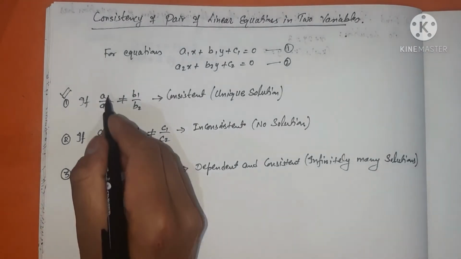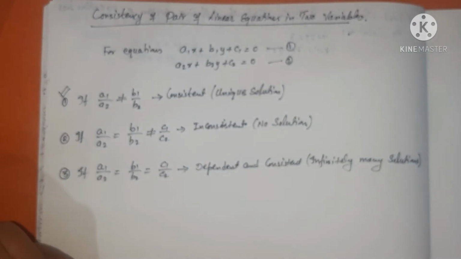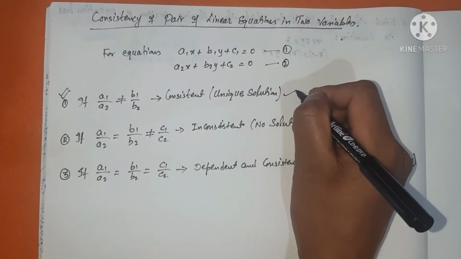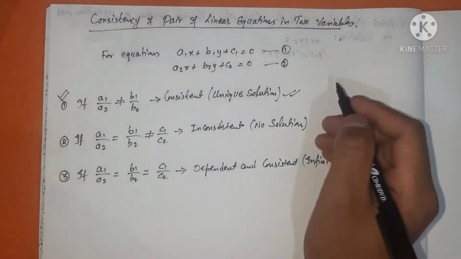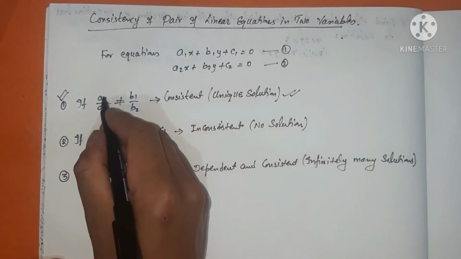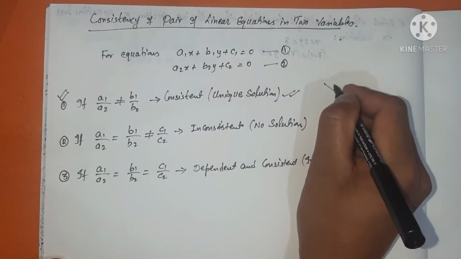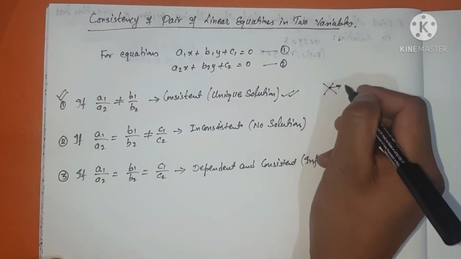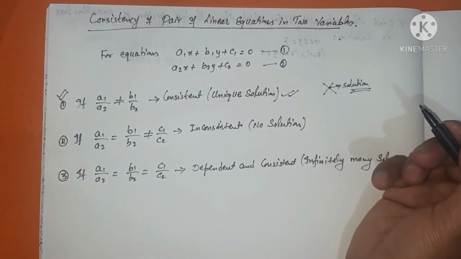If a1 by a2 is not equal to b1 by b2, in that case it is called consistent, and they will have a unique solution, exactly one solution. The graph of this type of pair of equations will intersect at one point, and that intersecting point is called the solution, as you have done in the graphical solution.